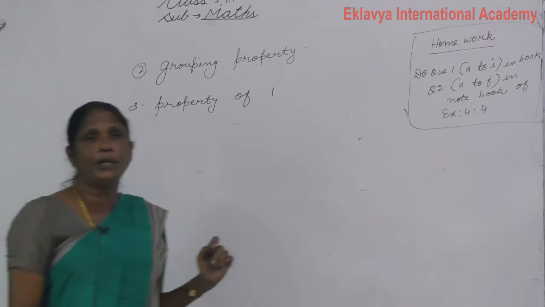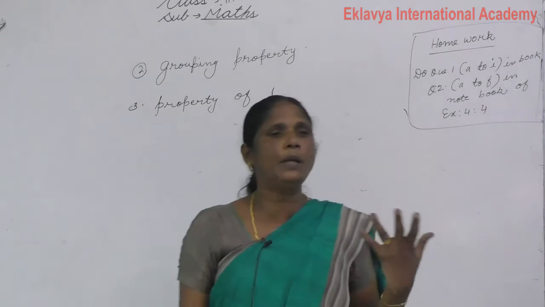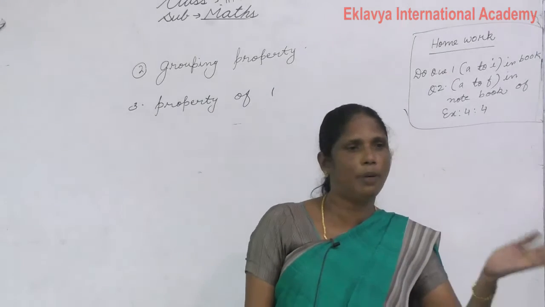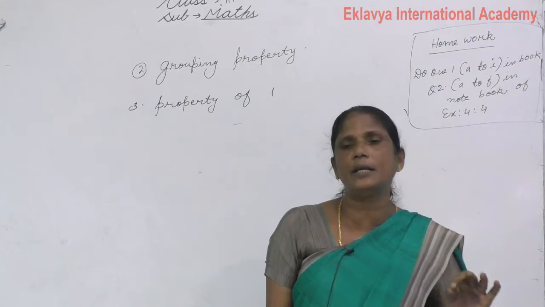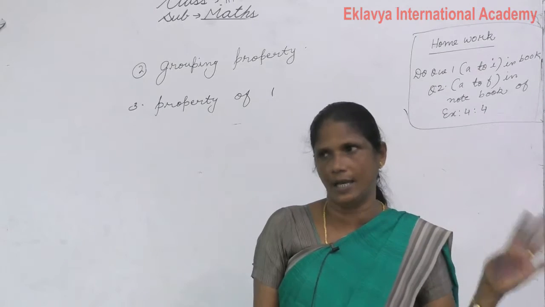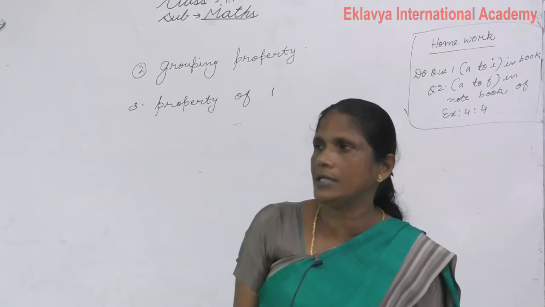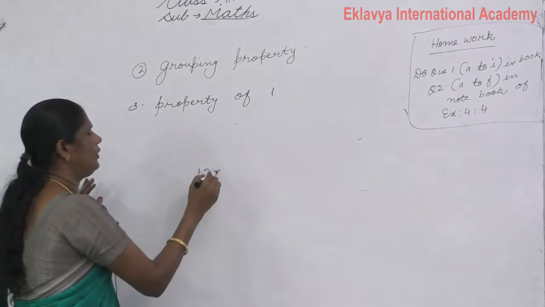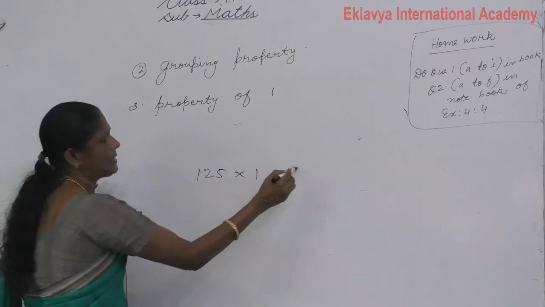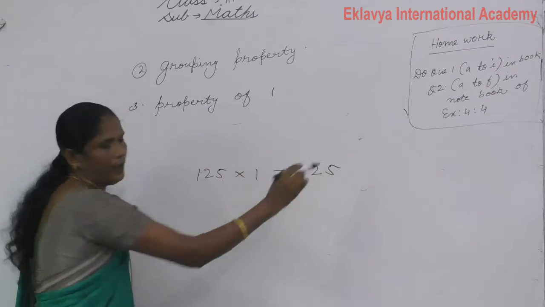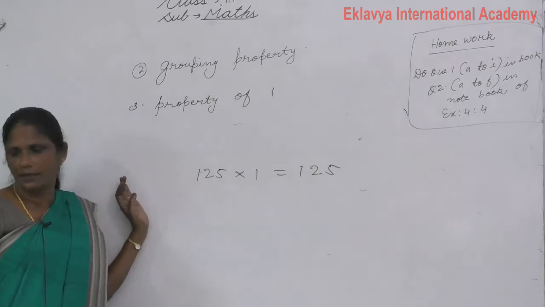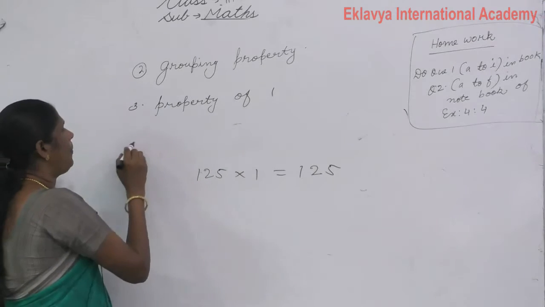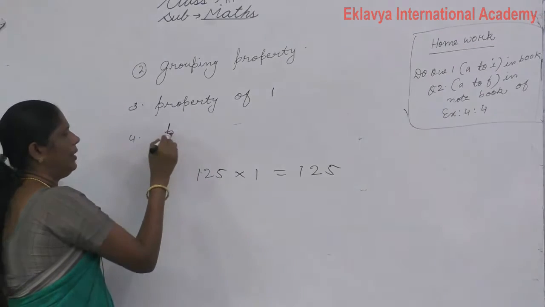In the property of 1, when we multiply any number by 1, the result is the number itself. Yes, 125 multiply 1 is equal to 125. Understand?